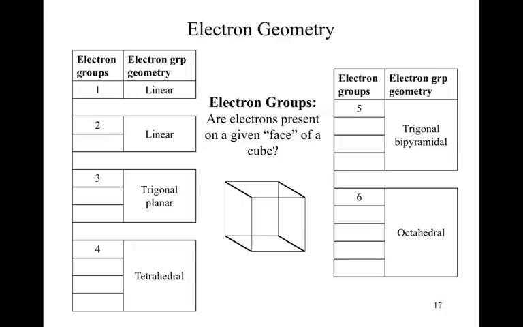So are there electrons present on a given face? Okay? That face is either a square, in the case of fundamental chemistry, okay, or organic, most commonly. Or if you're in general chemistry, you have to look at a cube that's looking at your five and six electron groups. Okay? So at this point, go ahead and hit a Nearpod stop, go out and do some practice, see what you can come up with.